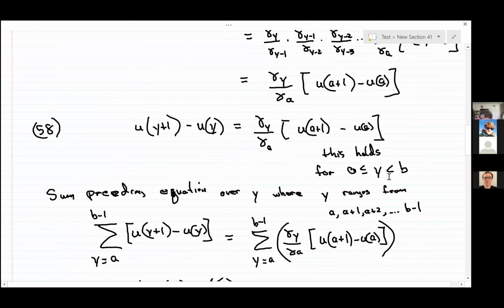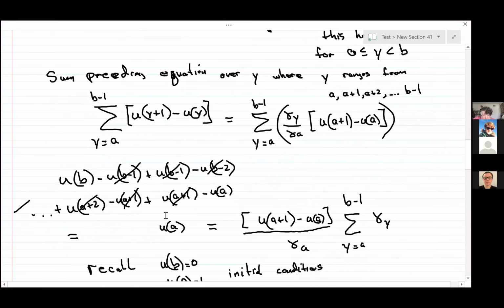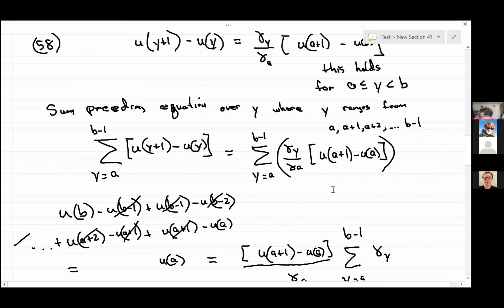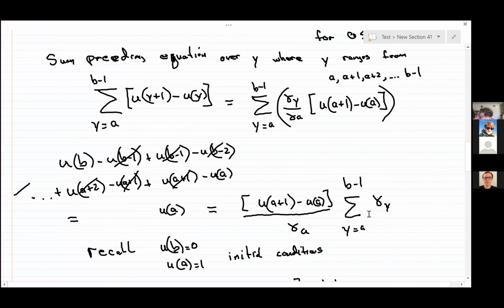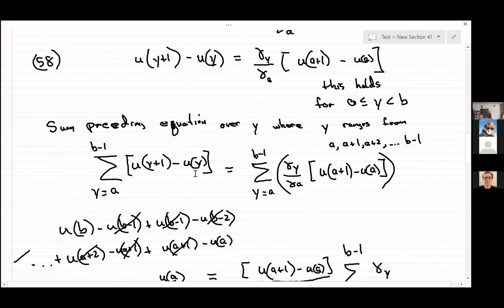And on the right side, so the good news is on the left side, you get a lot of cancellation. So you get a simple expression for u(A). On the right side, you get an expression that involves the sum of these gammas. So that's where the sum of these gammas come into play. Up until now, they weren't there. But that's an effort to try to find what the u(y)'s are.